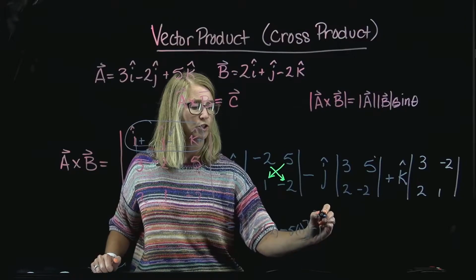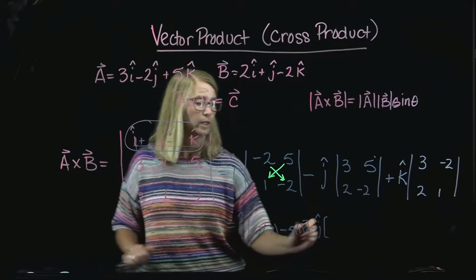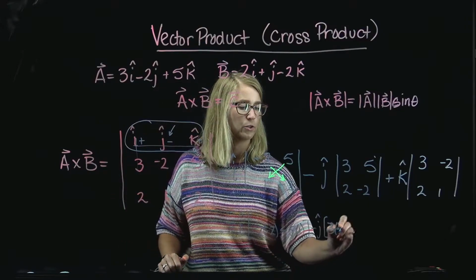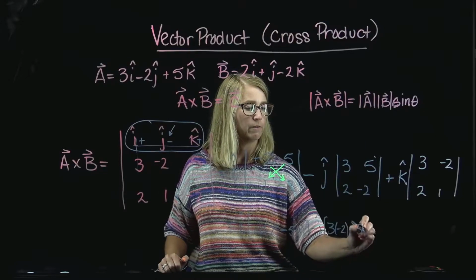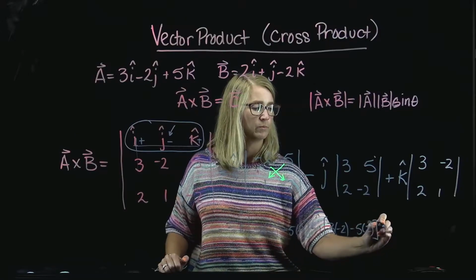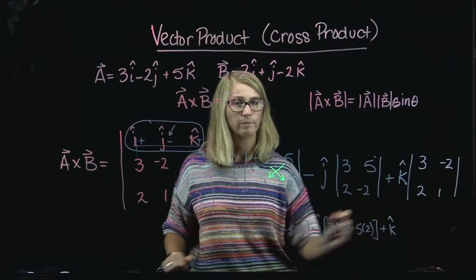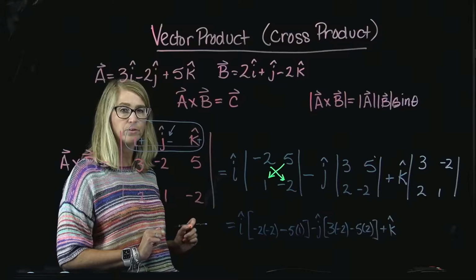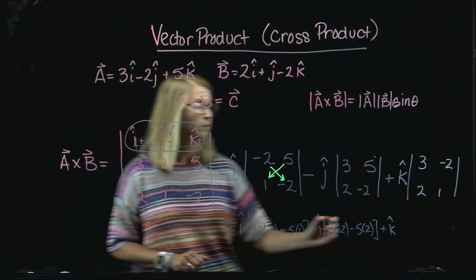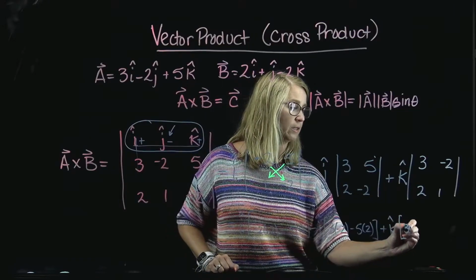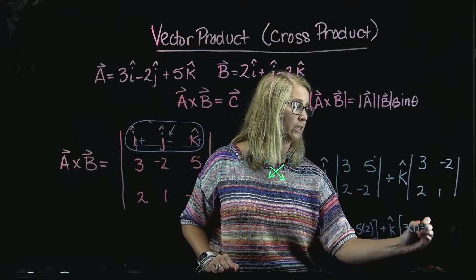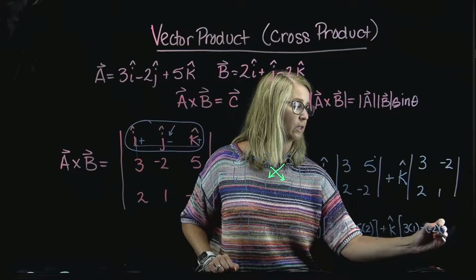Now we'll do it with J. We get 3 times -2, those 2 multiplied together, minus 5 times 2. And then for K, just moving out of the way so you can see what I'm doing, for K, I got 3 times 1 minus -2 times 2.